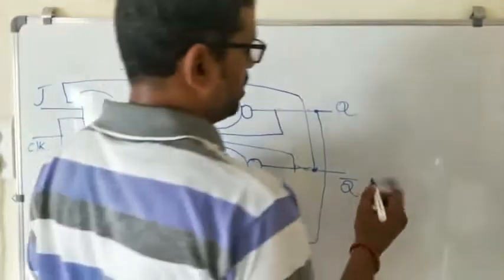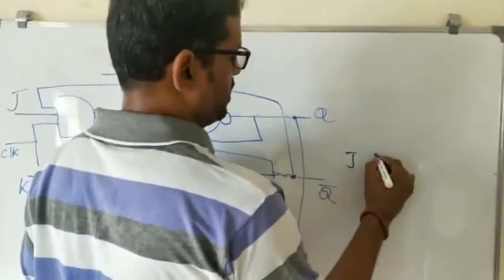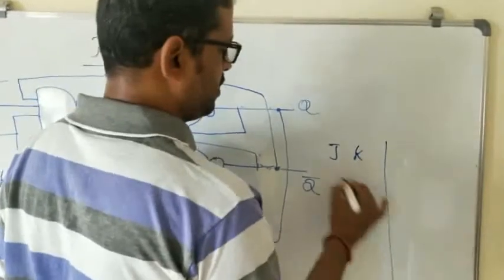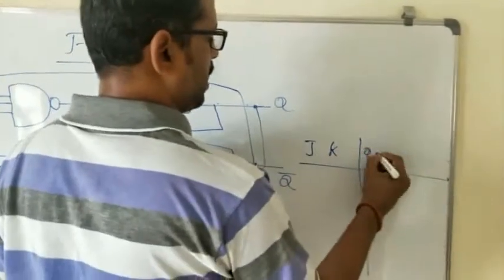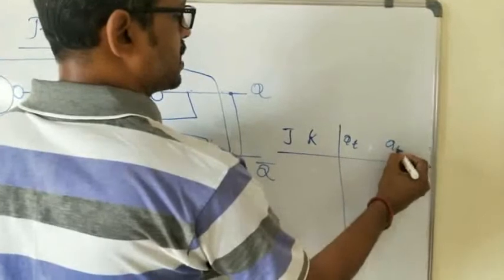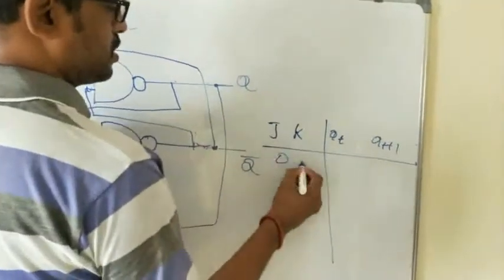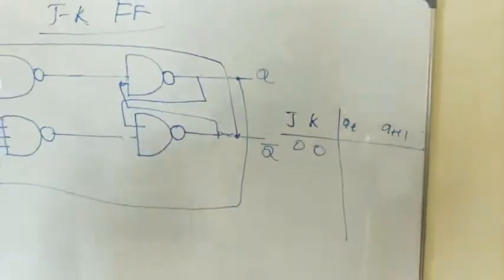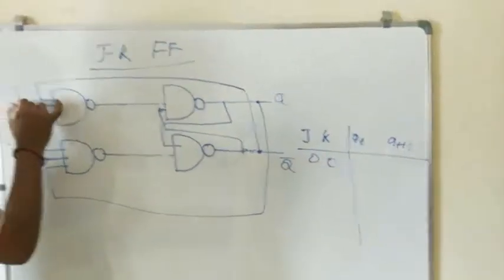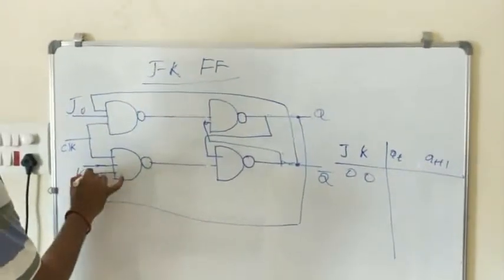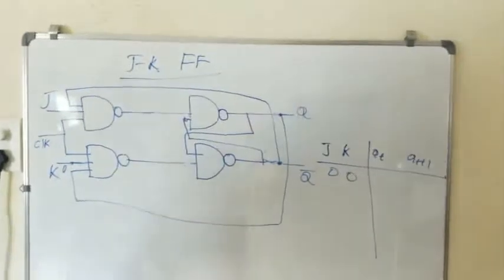Now we will draw the characteristic table: J, K, Q(t), Q(t+1). First J is 0 and K is 0.